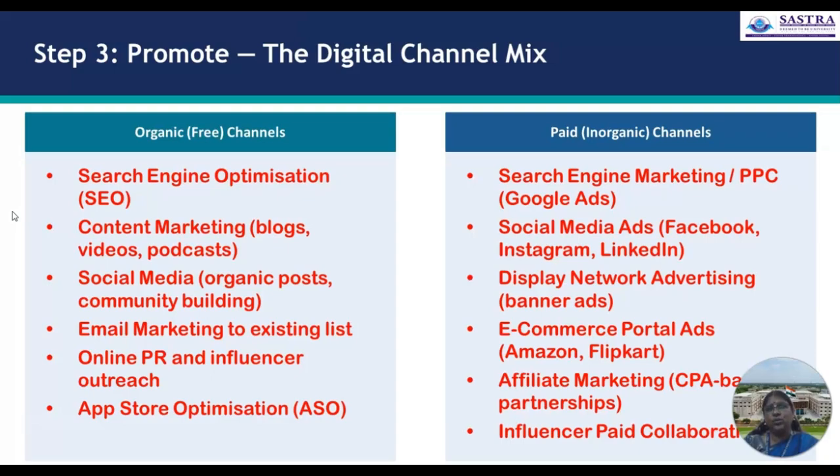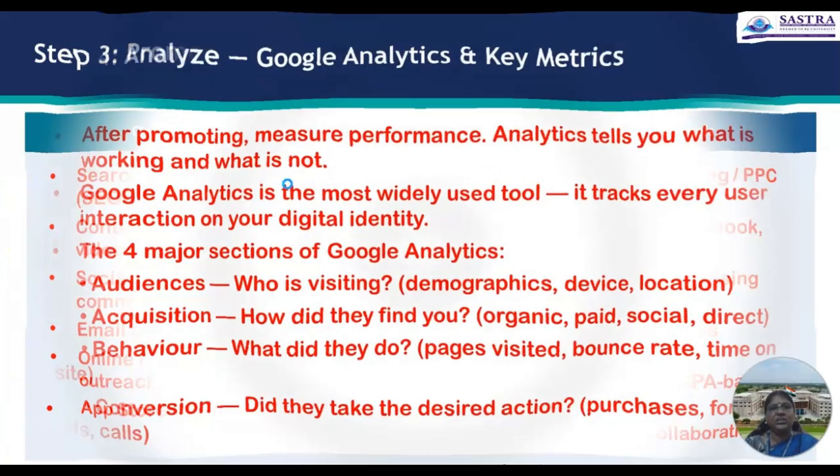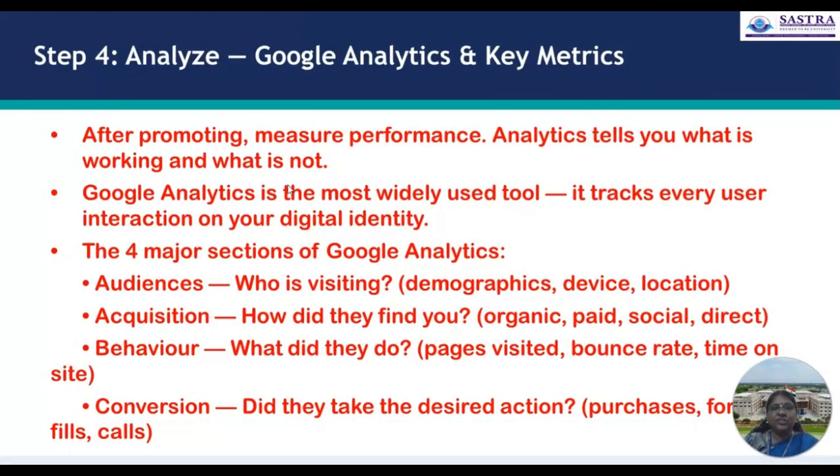And when you are going to the next step, the fourth step and fifth step, analyze and optimize. What does analyze and optimize talk about? Analyzing and optimizing is nothing but after promoting, you have to measure the performance. This is where many marketers fall down.